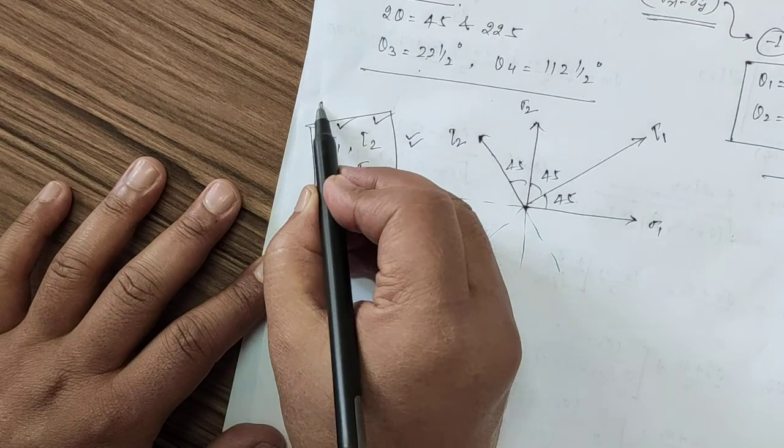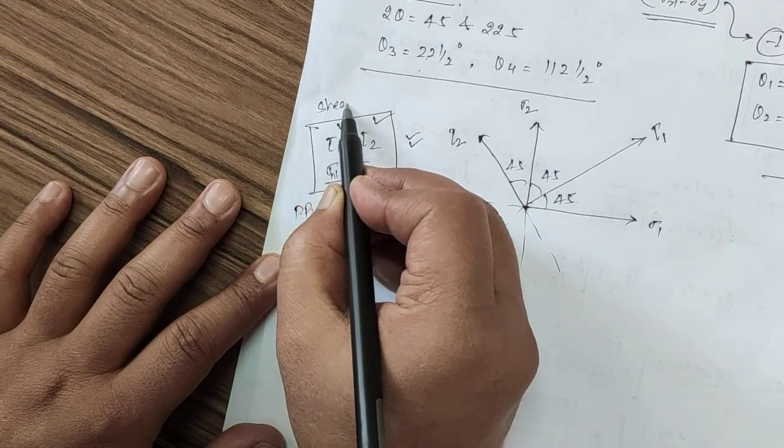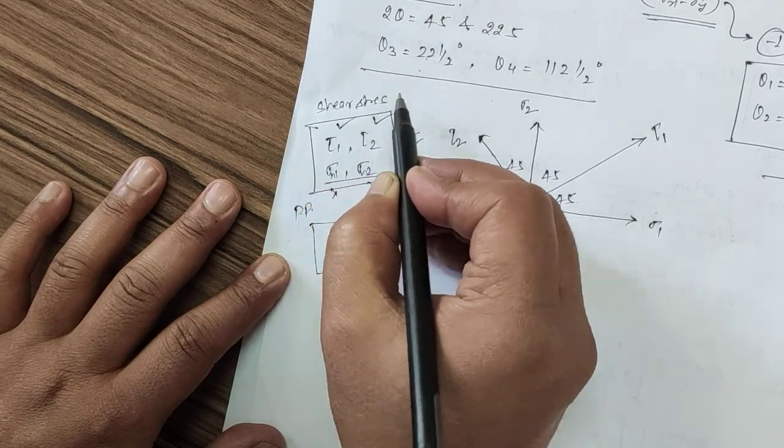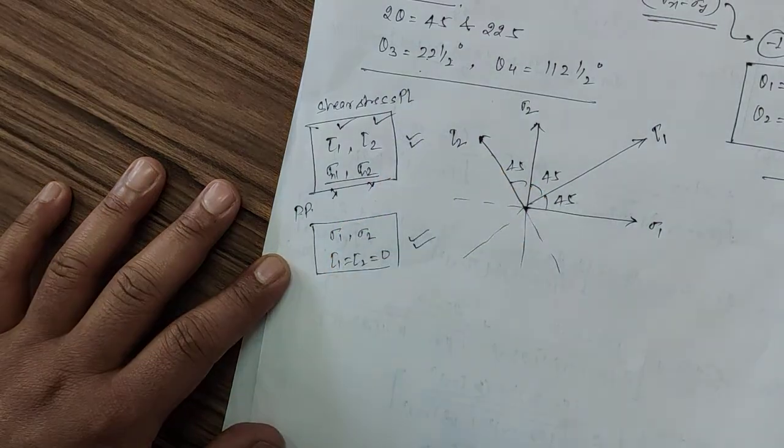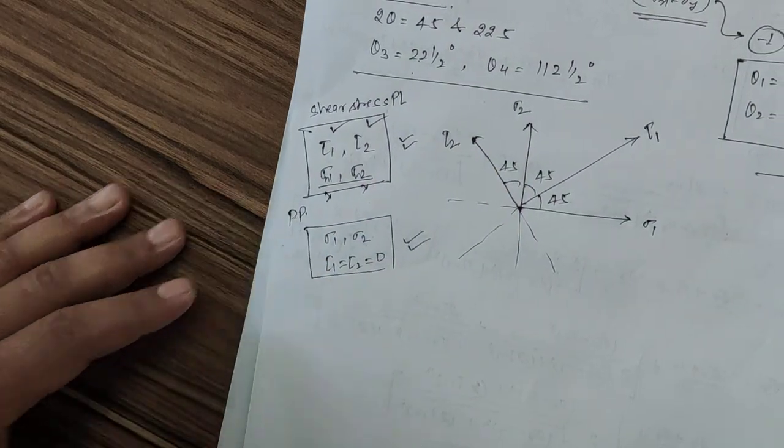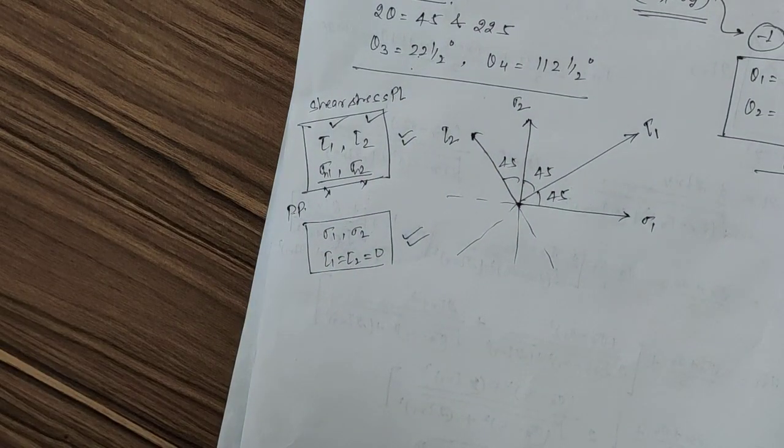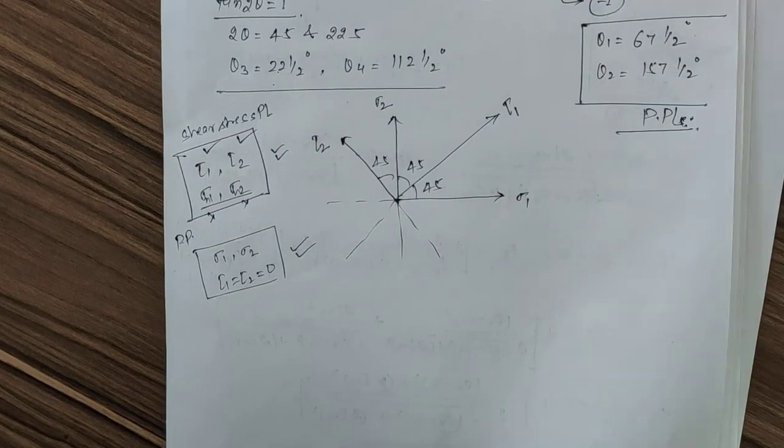This is for shear stress planes, and this is for principal planes. Till now we have seen principal stresses, principal planes, shear stresses, maximum shear stresses and maximum and minimum shear stress planes.